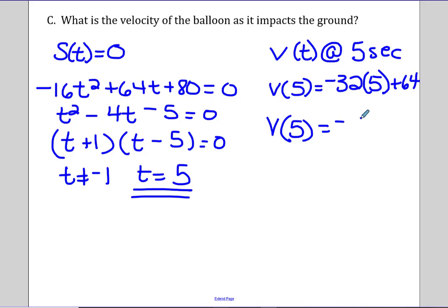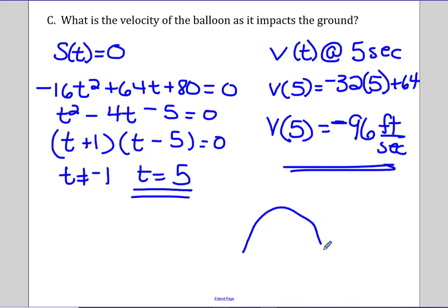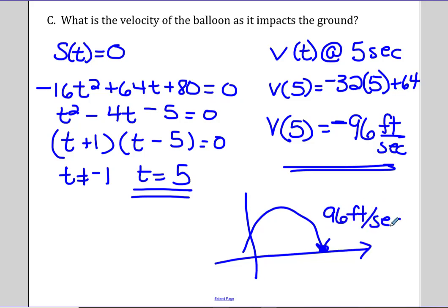And doing that arithmetic, we get negative 96 feet per second, and it's heading in a negative direction. So at 5 seconds, when the balloon hits the ground, it's hitting the ground at 96 feet per second in a negative direction, the negative.